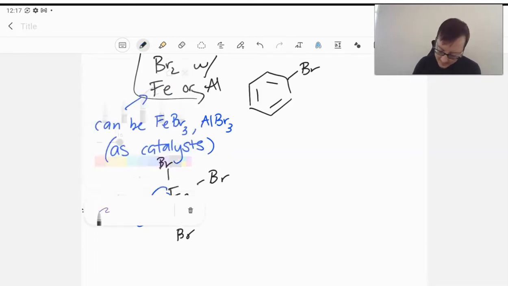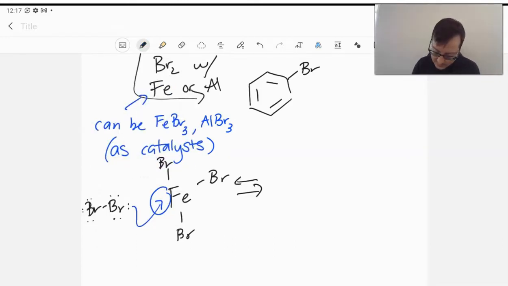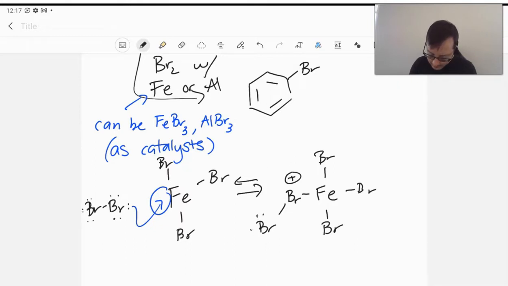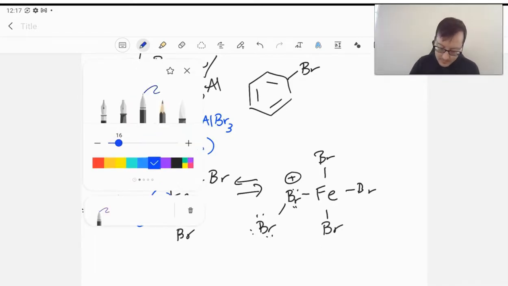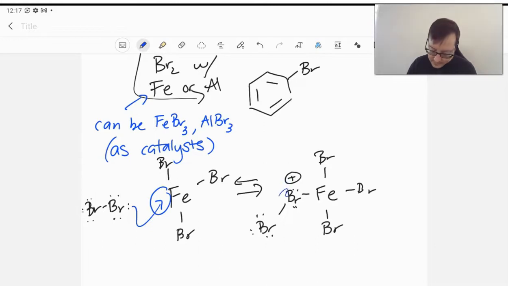When we have these complex together, of course this is an equilibrium process, but we will end up having the following. We'll end up with a positively charged bromine, which actually what we'll see is going to happen is the electrons are just going to go from the bromine-bromine bond.